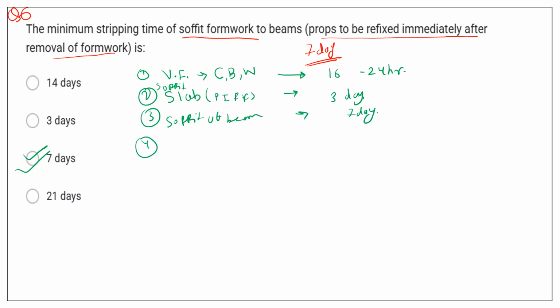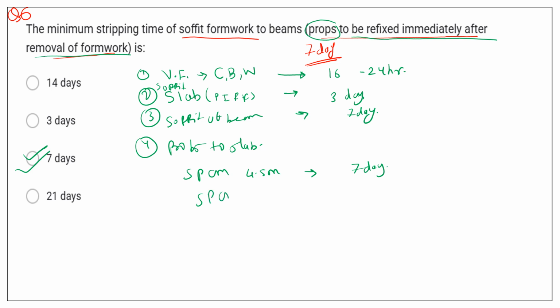Then the fourth one, here the props are to be refixed immediately after removal of formwork. So the timing for props to slab: the condition is when the span is 4.5 meter or less, then the timing is 7 days. If the span is more than 4.5 meter, then 14 days.